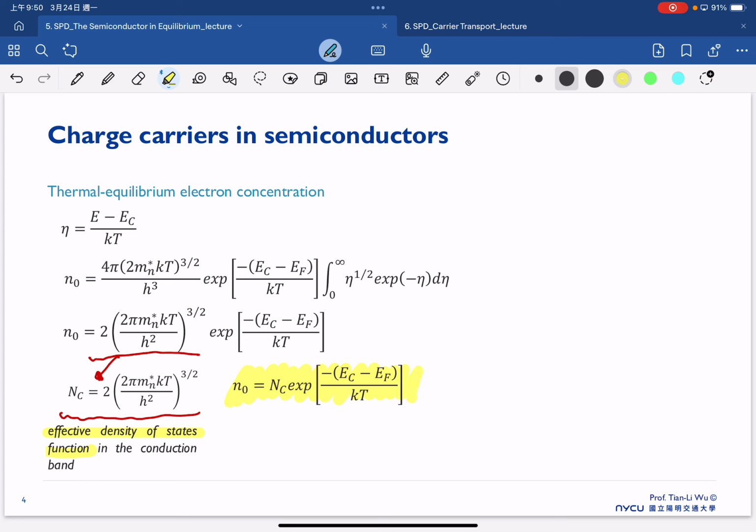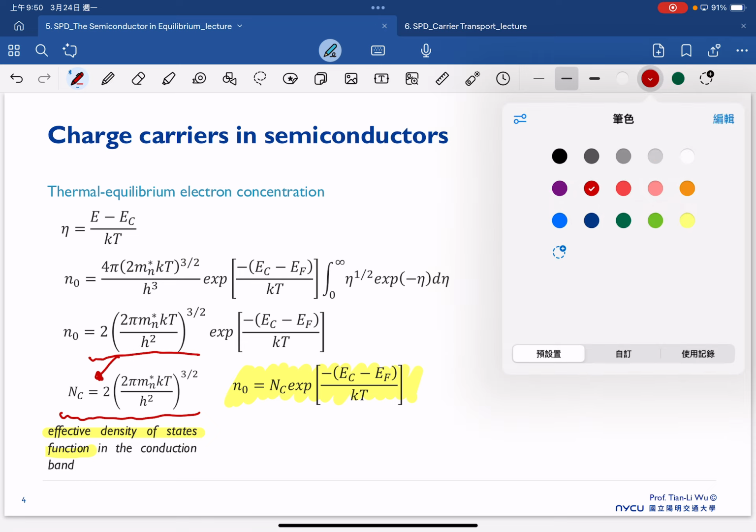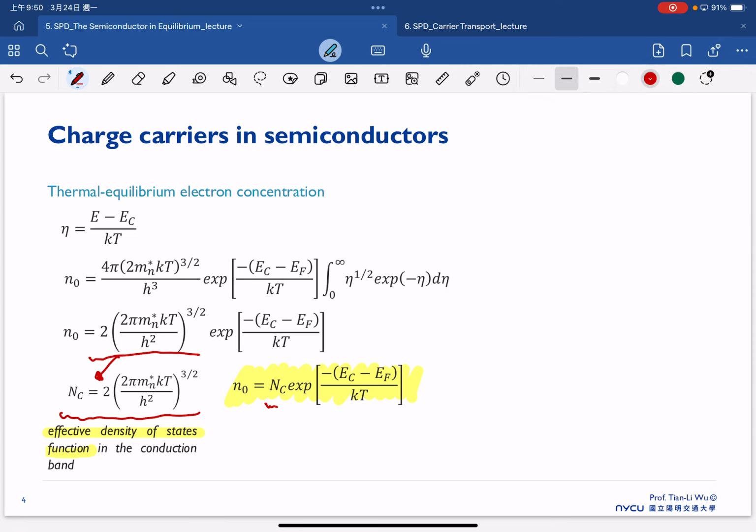This is the equation we use to estimate the thermal equilibrium electron concentration. For sure, for your homework and the exam, you will need to use this equation very often, because it gives us a very efficient way to estimate our electron concentration.